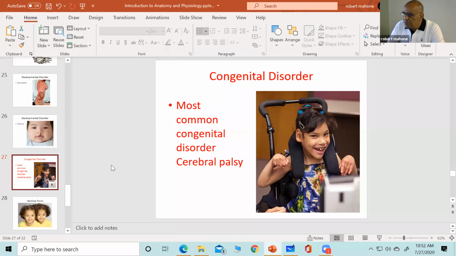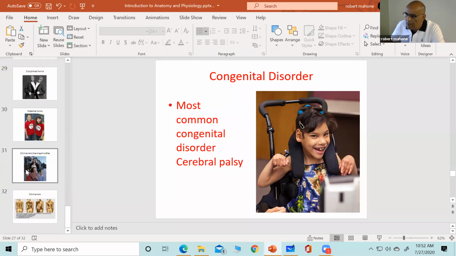The most common congenital disorder is cerebral palsy. And that's it.